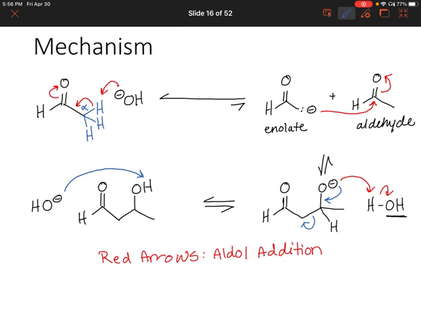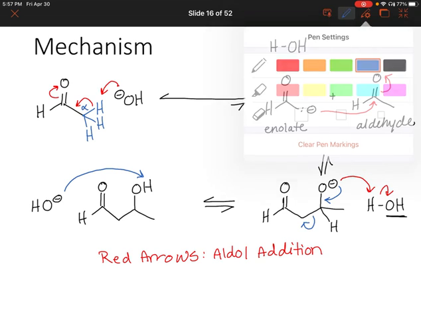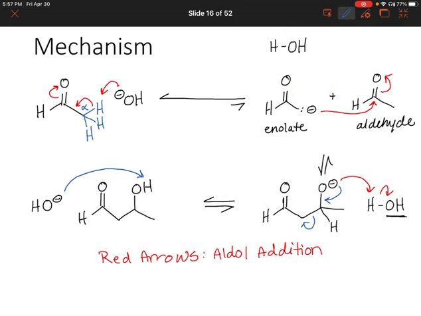And let's see, we will have some water present in solution at that point. So then the enolate will actually, oops, I drew that wrong. Let's see, the enolate will actually grab a proton from a water molecule and will end up reforming our aldehyde in the original starting materials.